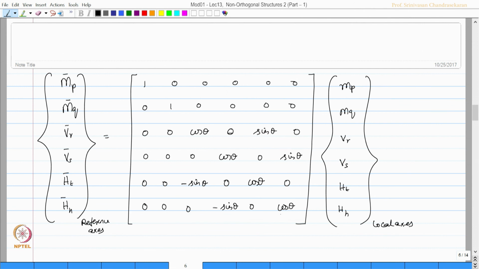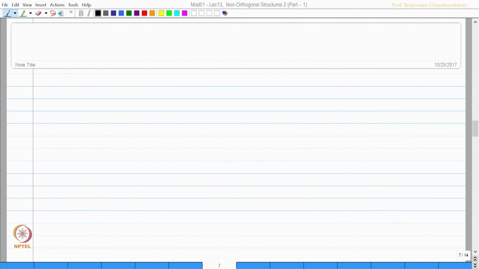So, now I can say m bar is actually equal to T transpose of m of ith member. Okay. So, this matrix is actually the T transpose matrix. So, by transposing this once again I will get T.